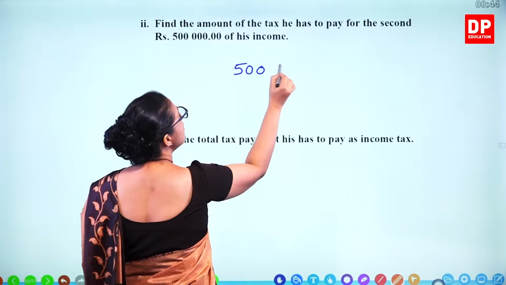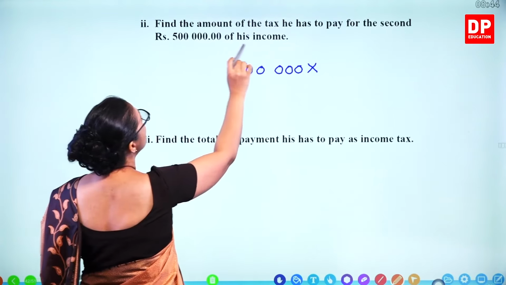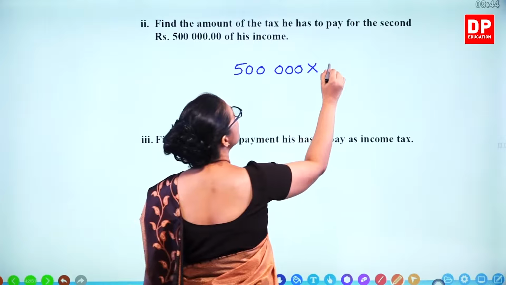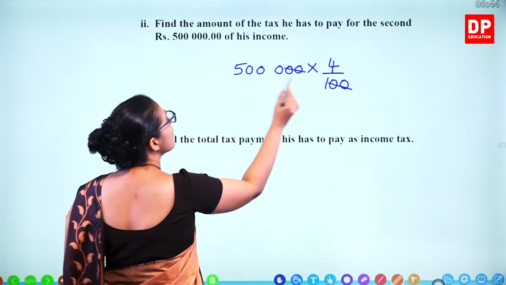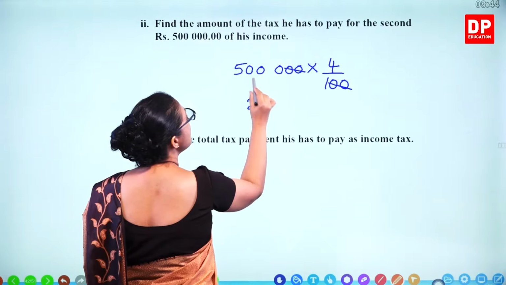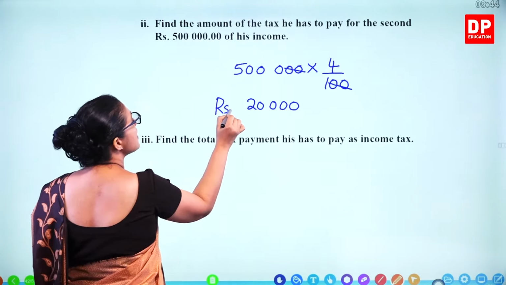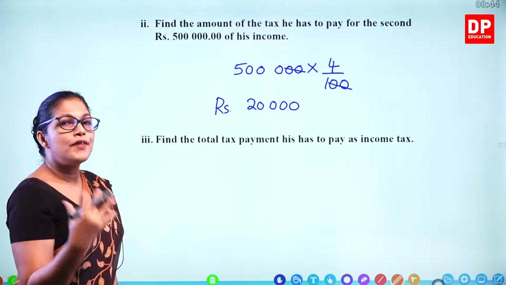So that's the first taxable amount. So second 500,000, that's 4%. 5 times 4, 20, 3 zeros, 20,000 rupees is the tax amount for the next 500,000.